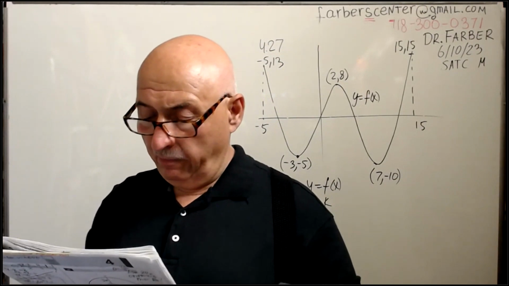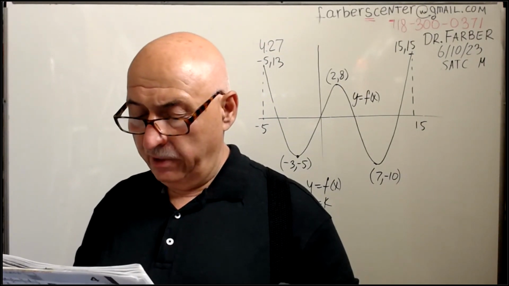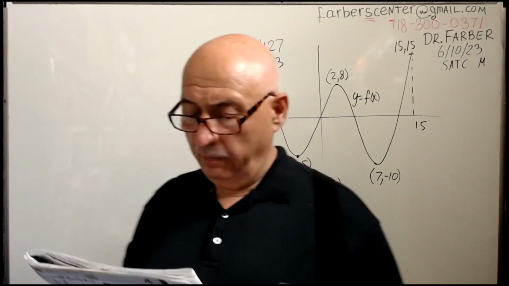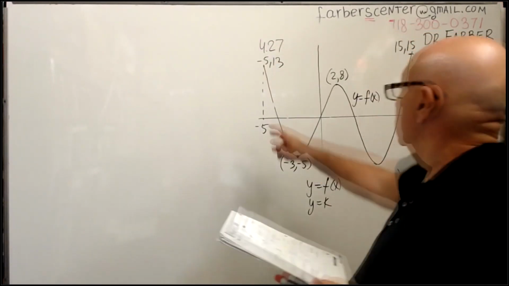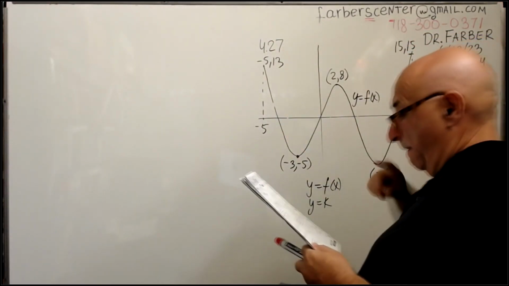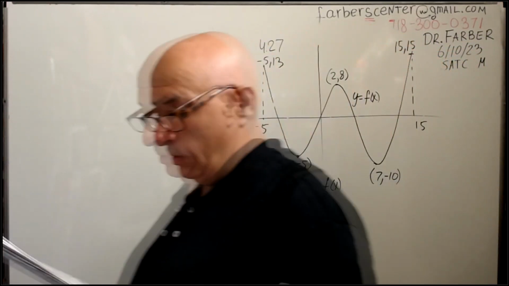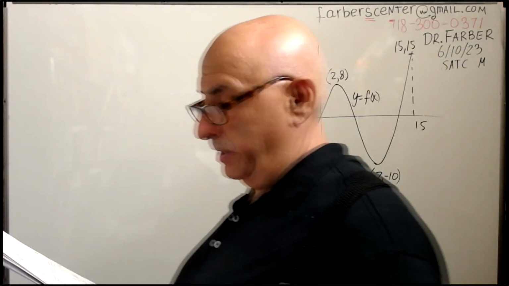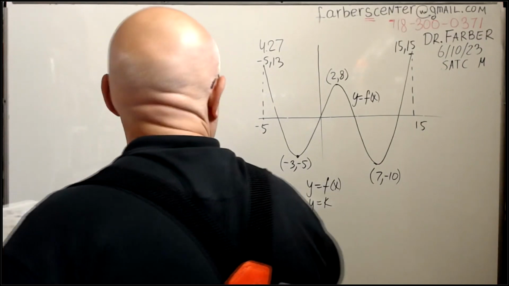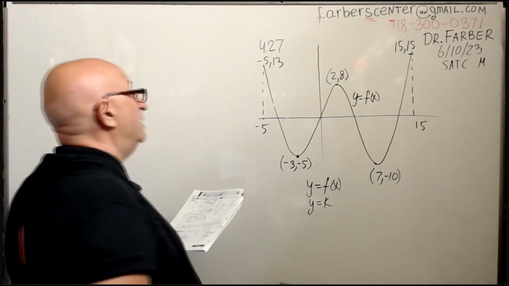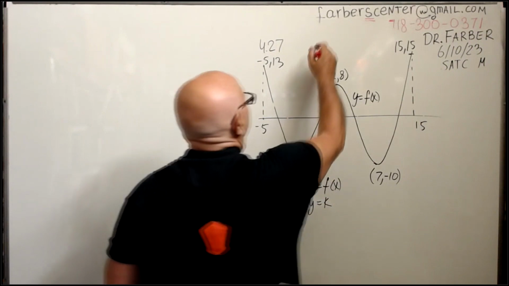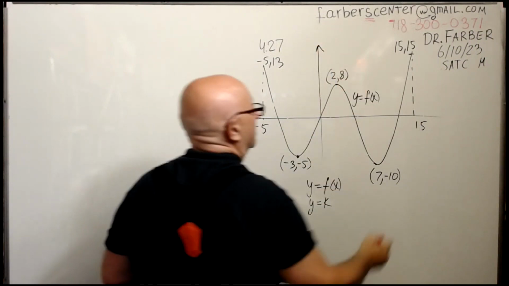If the system of equations above has exactly 3 real solutions between -5 and 15, in this domain, which of the following could be the value of k? You know, y equals k is a line which is parallel to the x-axis, right?